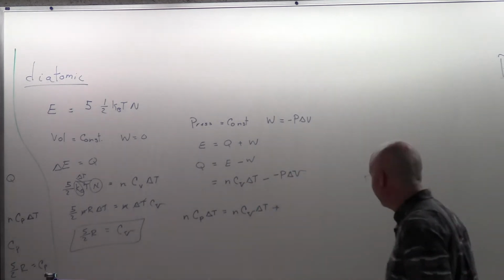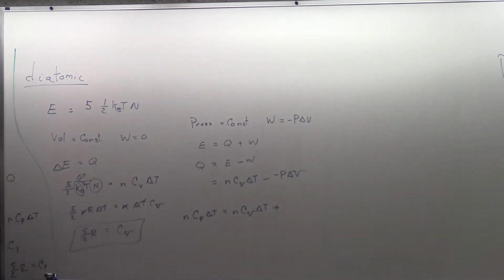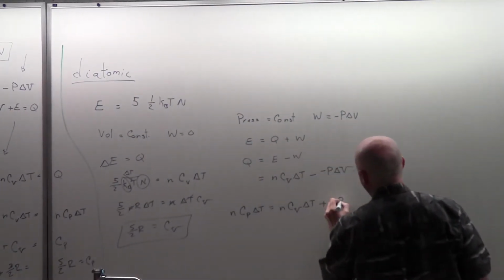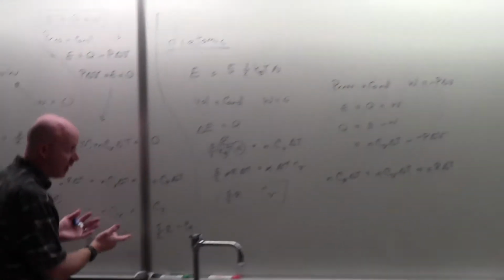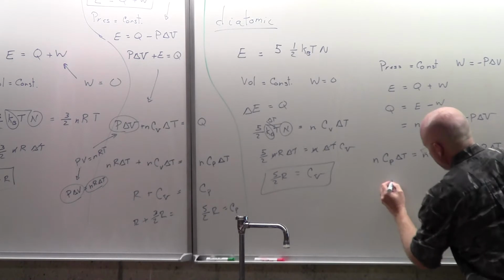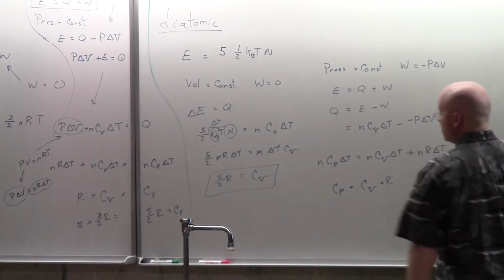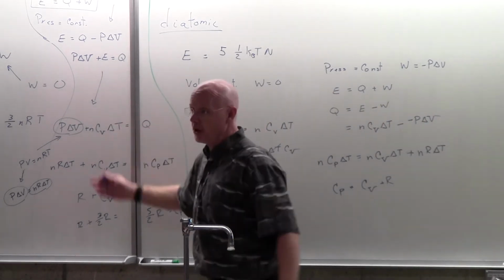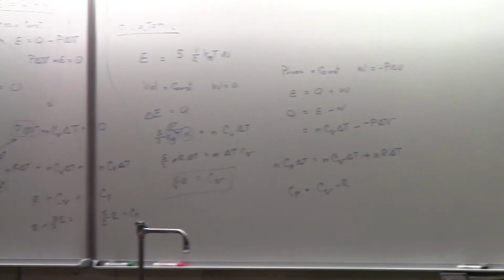Yeah, right. Then, if I go ahead and write this as nR delta T, you can see I've done nothing different than I did before, and that is Cp comes out to be Cv plus an R. So none of this is going to change whether you have 3 degrees of freedom or 5 degrees of freedom or more degrees of freedom.